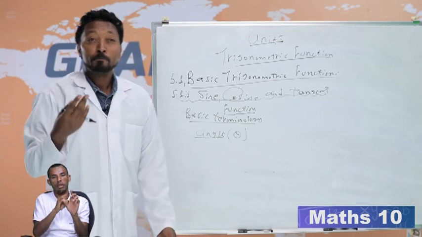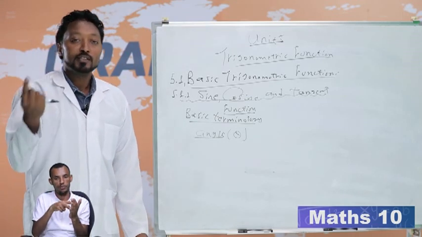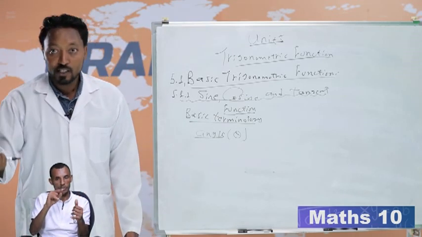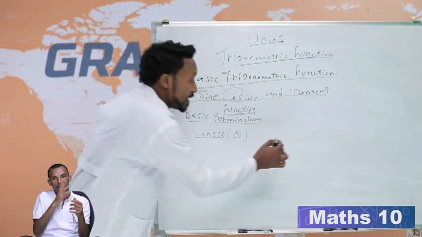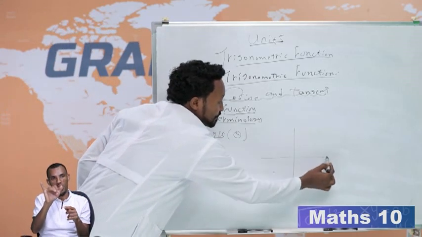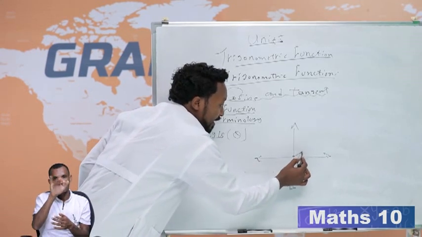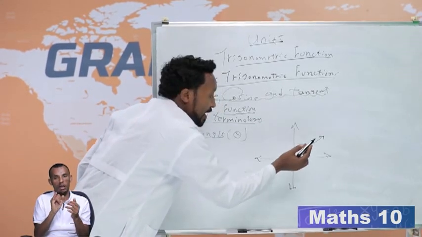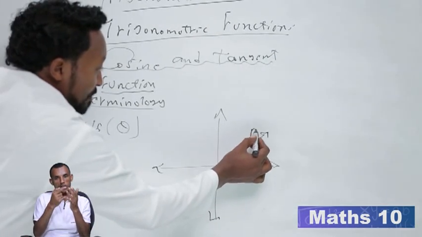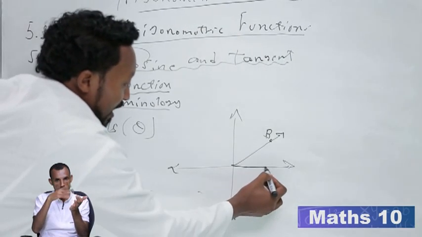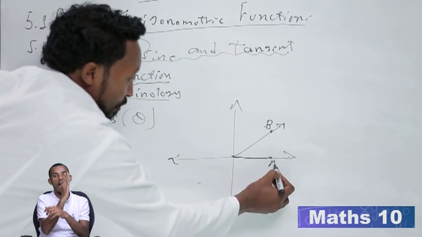Angle theta means there is an initial position, a terminal position, and a vertex on the xy plane. That means there is an xy plane here. From this xy plane, there is a ray. This ray has point B here, and this axis has point A here.